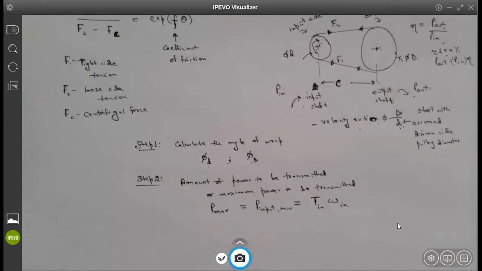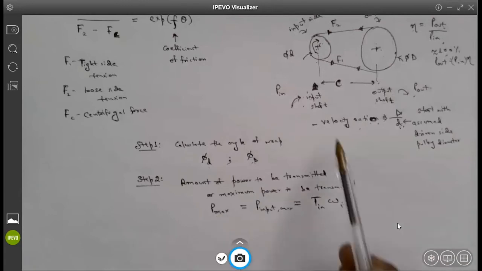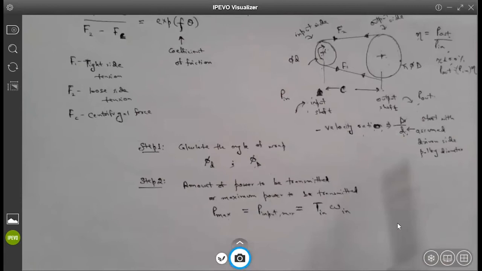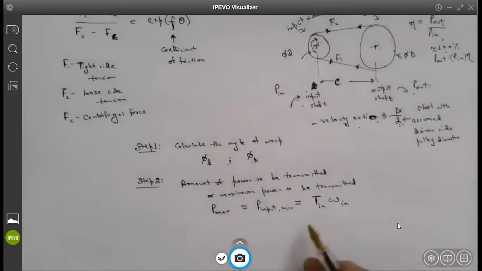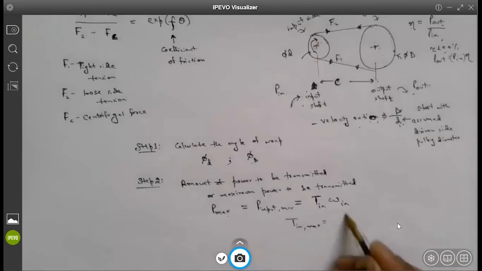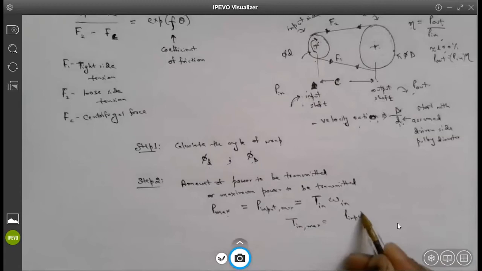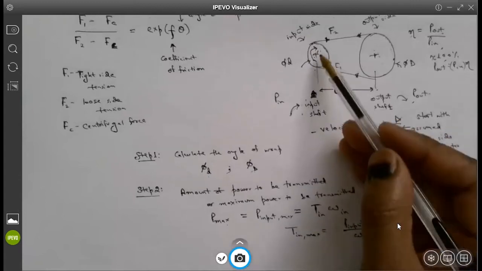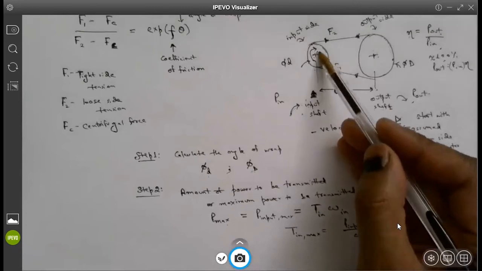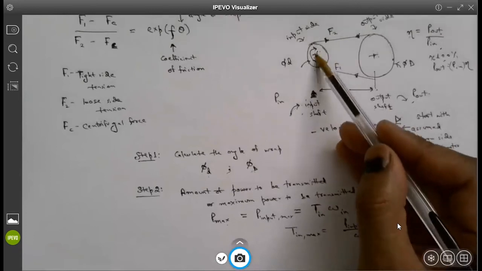Cool. So based on the max power, and if you also know the angular velocity or the angular rotation of the pulley side, you can calculate the input max torque as P input max divided by omega input. What is this angular velocity? If you're delivering power using a motor or engine, you also know at what RPM they are delivering it.